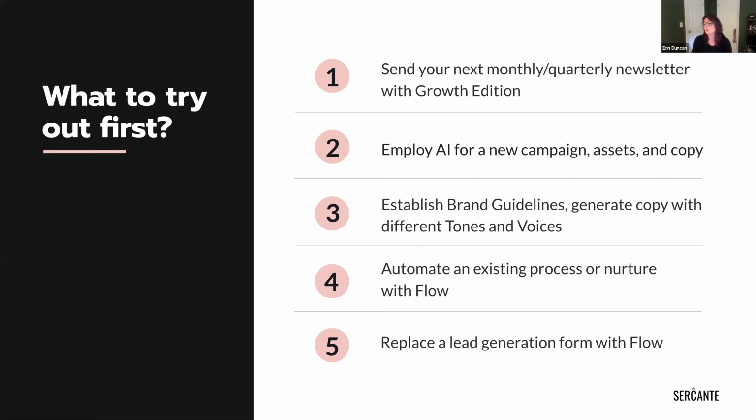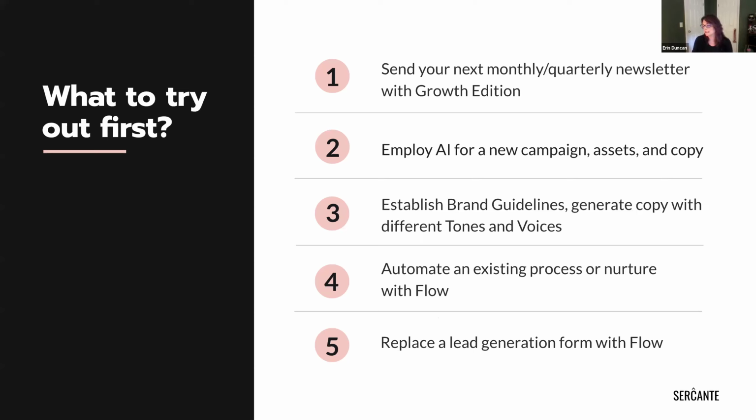So a couple of suggestions. If you have a monthly newsletter or something you do on a monthly or quarterly basis, that is a great option to pull into Growth and see how it compares there versus Account Engagement. You can tinker with the AI functionality, spinning up a campaign, assets and segments, or establishing brand guidelines and then applying them to assets and making changes, just seeing how that trickles down.